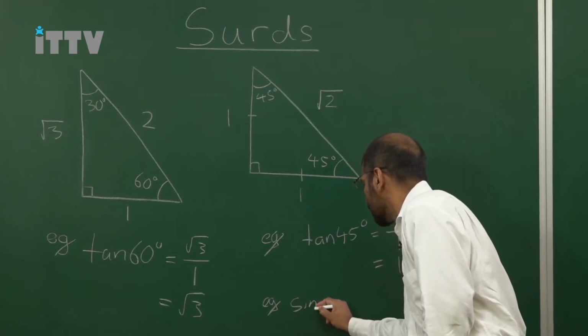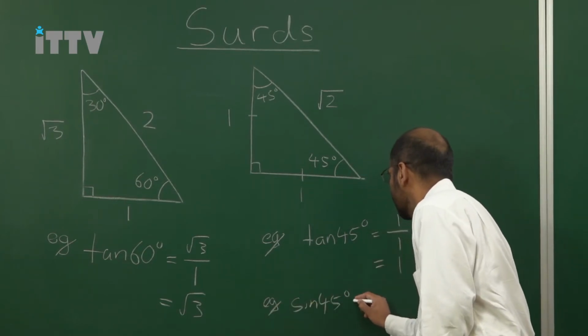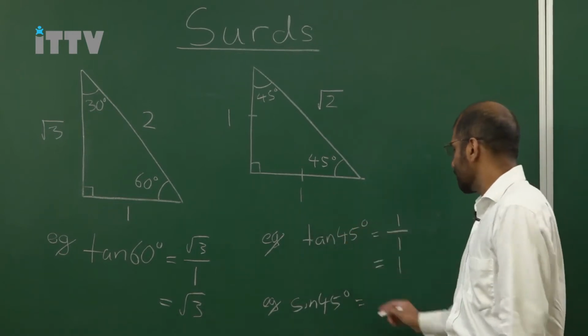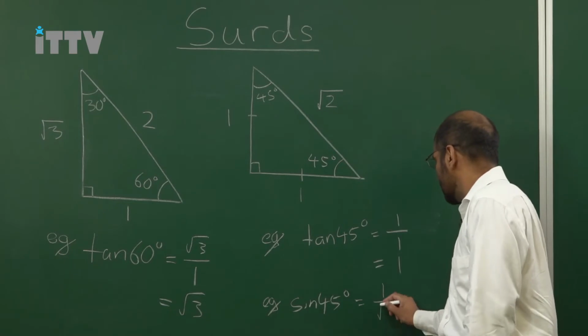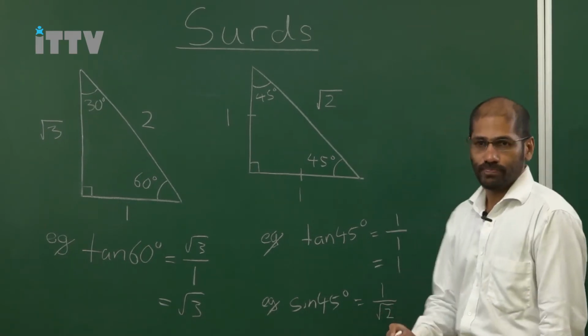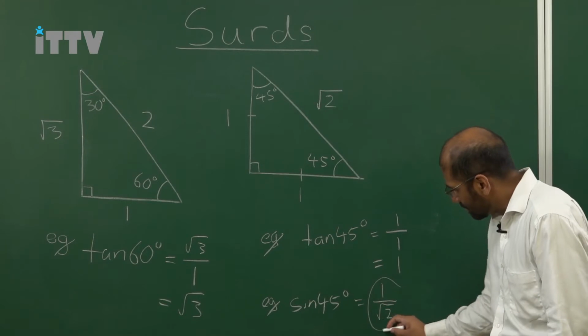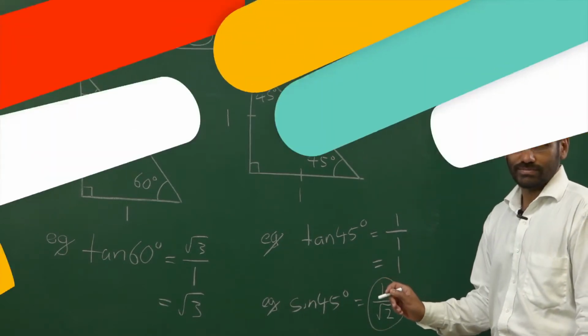And we have sine 45 equals the opposite over the hypotenuse, which is 1 over square root 2. Again, this is an expression of a surd.